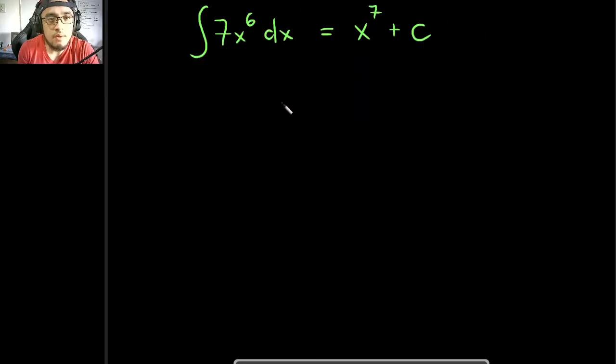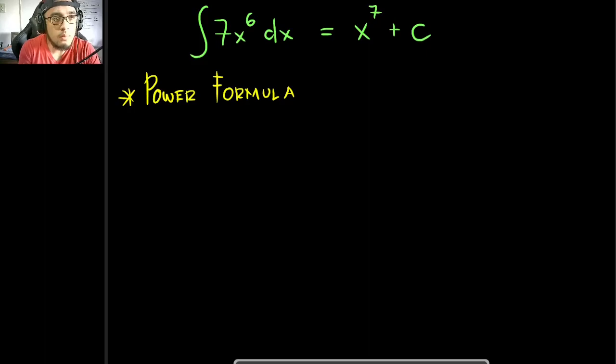So aside from thinking of possible equations to differentiate to arrive at this answer right here, we can actually use this formula right here, which we would be calling our power formula. This formula, or this method right here, is the most common formula in getting the integral of a certain equation.